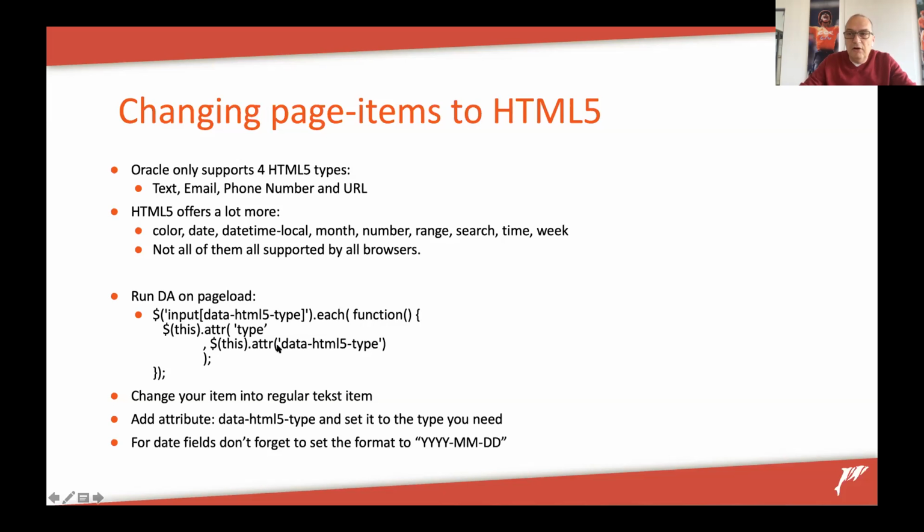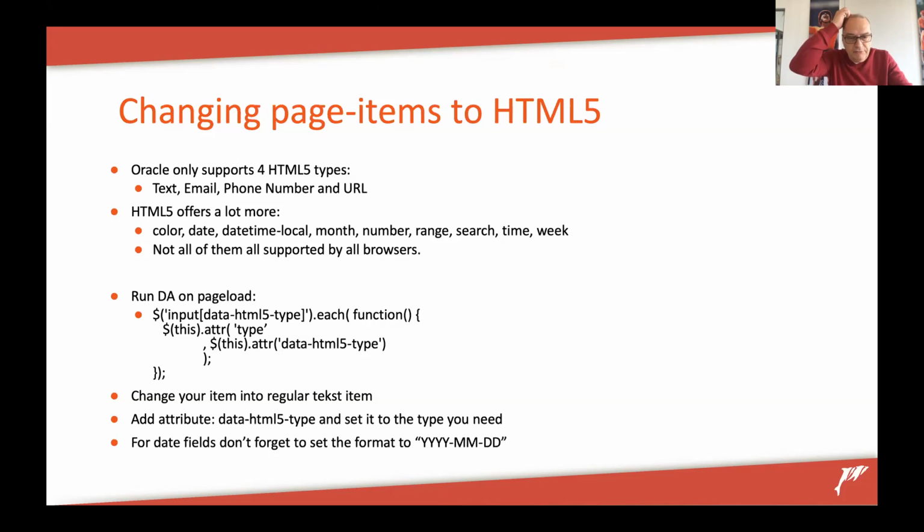Of course, this only works for regular text items. So in regard of Apex, it's a regular text item. It's not a date, it's not a select list or whatever. It's just a text item. Then we add the data-html5-type attribute to it and give that the value that I actually wanted to have.